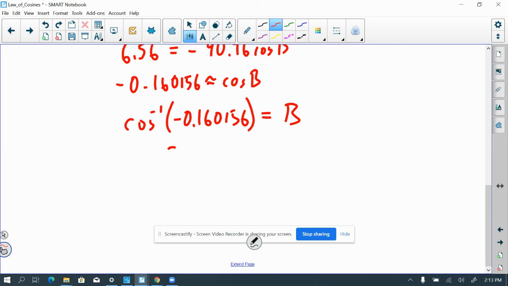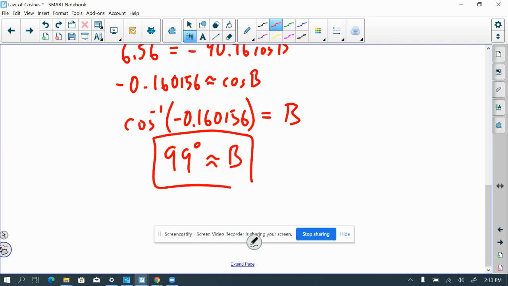And you discover that B is about 99 degrees. Law of cosines.